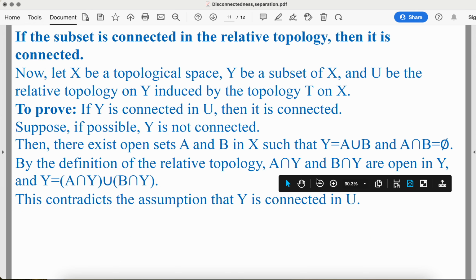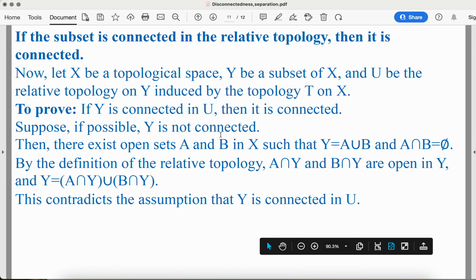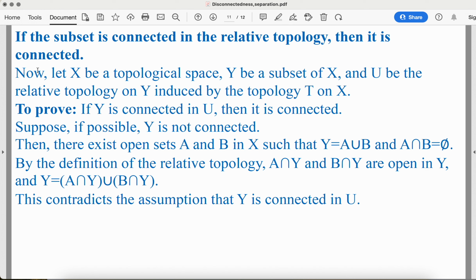Now the converse part: if the subset is connected in the relative topology, then it is connected. Let X be a topological space and Y be a subset of X, and U be the relative topology on Y induced by the topology T on X. If Y is connected in U, then it is connected.